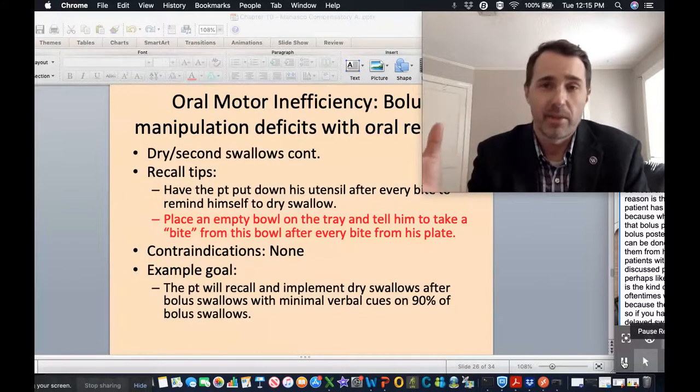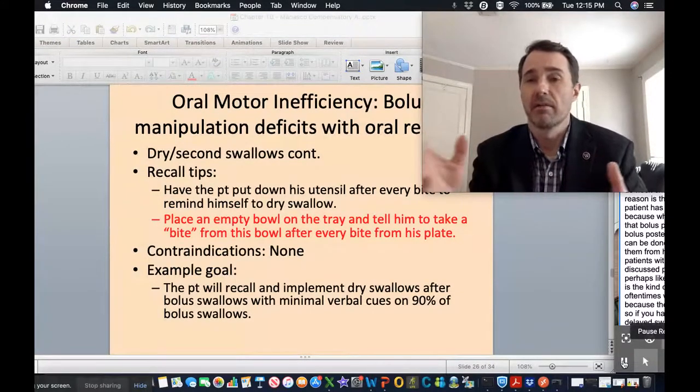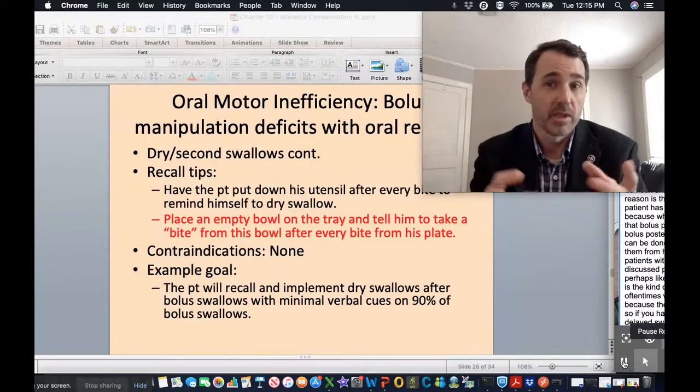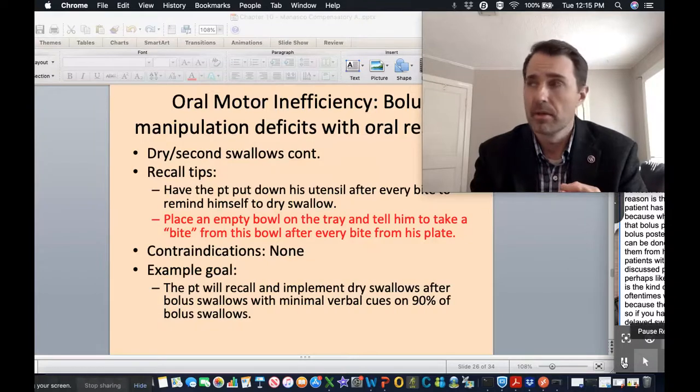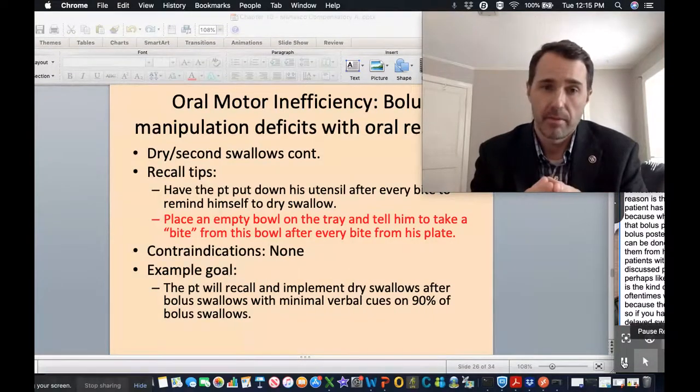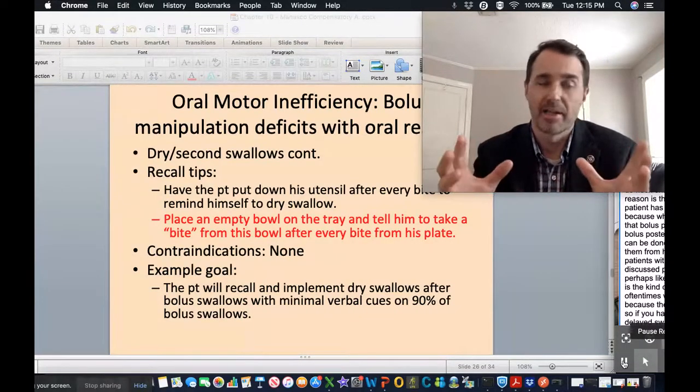The problem I see with this is that it's just going to confuse the heck out of people with significant cognitive deficits, like your TBI patients, your dementia patients, that may have no idea what you're getting at.